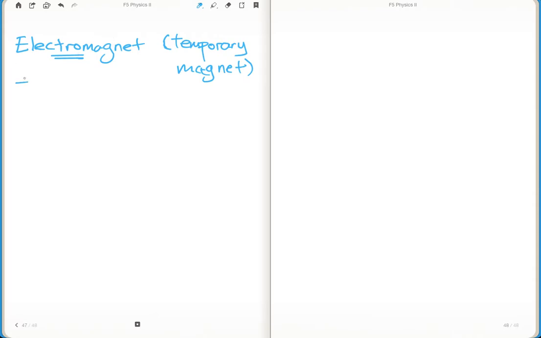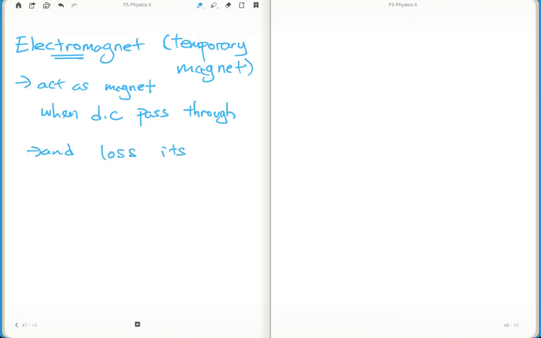Okay? I mean, it acts as a magnet when direct current passes through, and it will lose its magnetic field when the current is switched off.